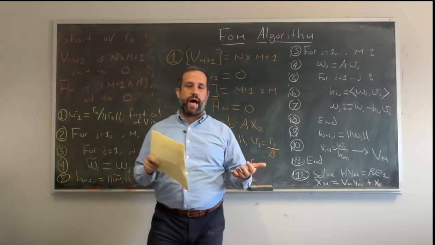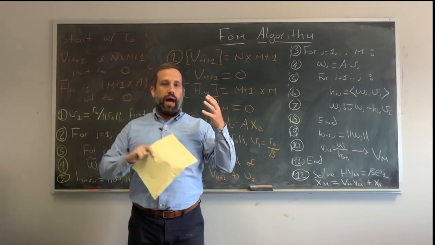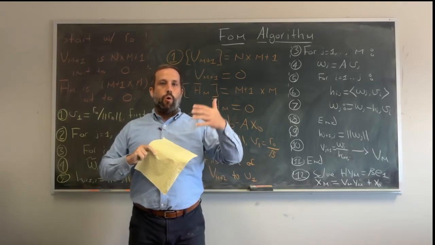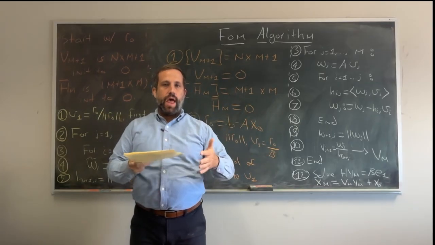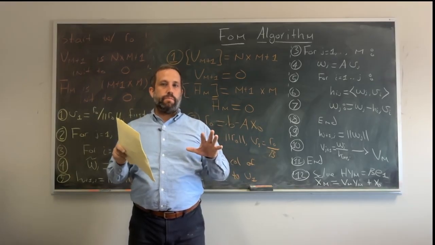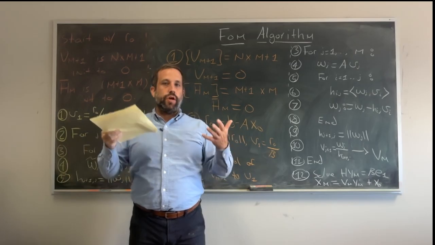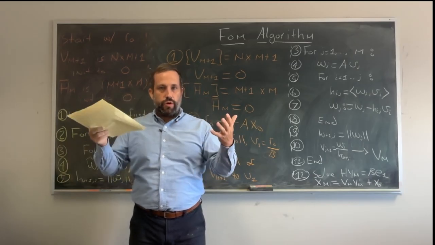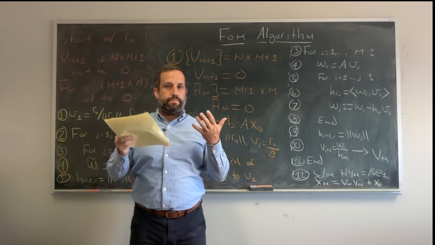If you think about what's happening in Gram-Schmidt, you're given a basis and you systematically orthogonalize the next vector to the ones that come before it. So in the Gram-Schmidt algorithm, you begin with a basis.